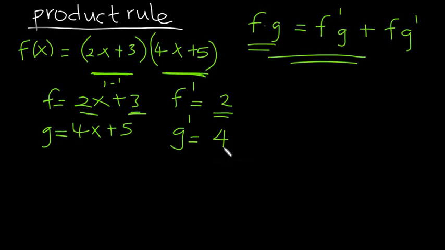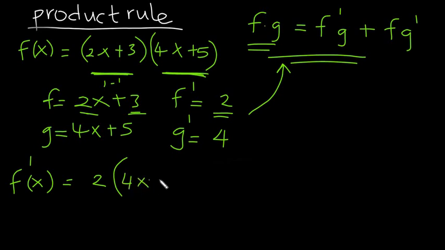So we now replace these values into the formula that I've just written. The derivative of f of x, maybe I can denote it as f prime of x, is going to be f prime, which is 2, multiplied by the value of g. g is 4x plus 5, and then we add f times g prime.